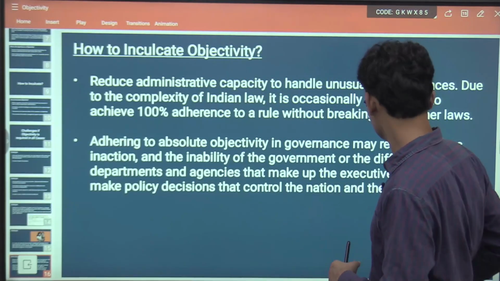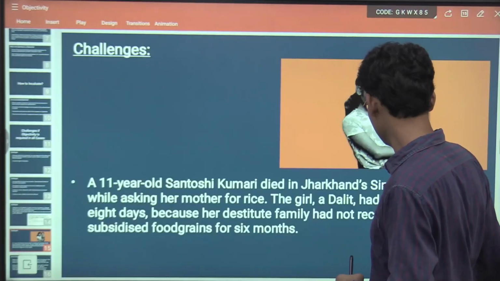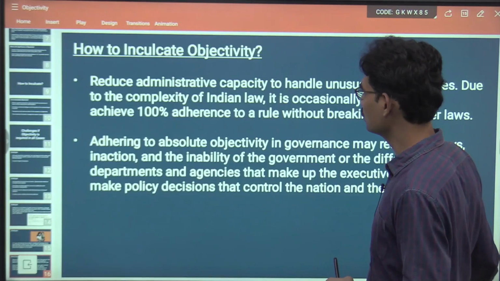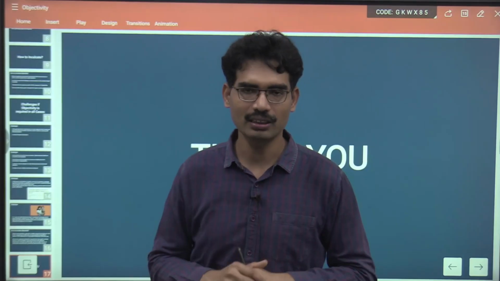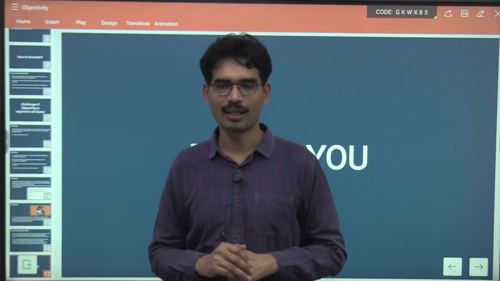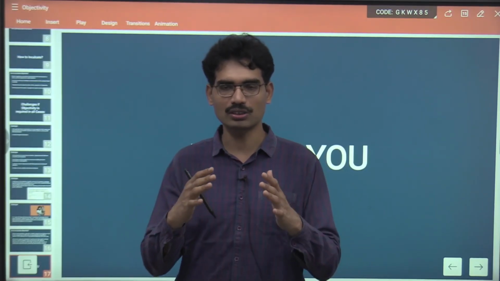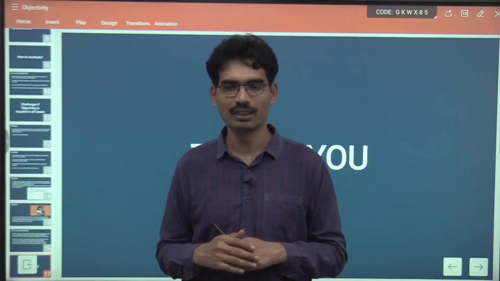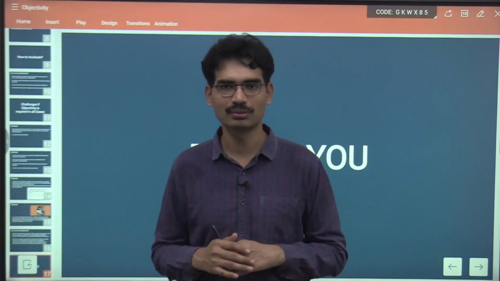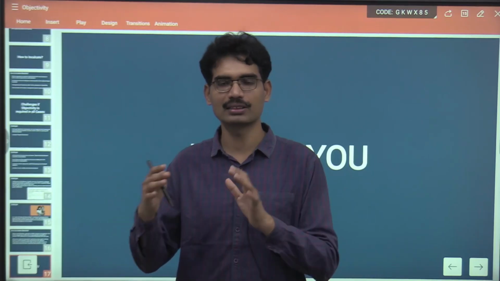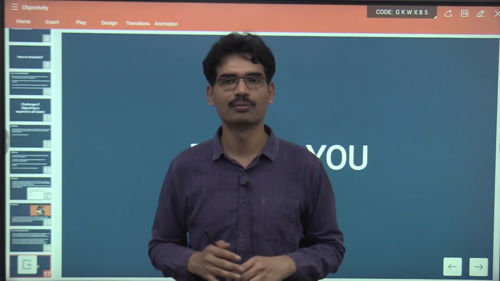When it comes to these challenges, people need to take care, and proper rules must be there to inculcate objectivity. But at the same time, over rules also sometimes create trouble. There compassion and conscience will come into the picture, and there will be some other mechanisms within legal boundaries.